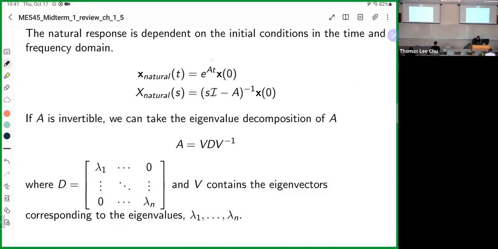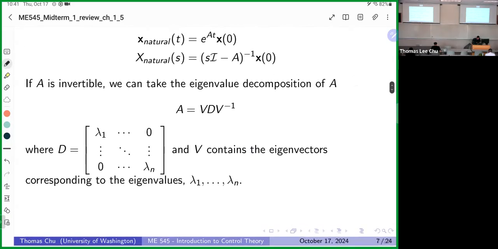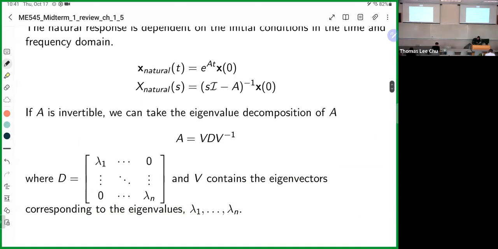The reason why we like this form is because when we do eigenvalue decomposition of A, we can rewrite e to the At as V e to the Dt V inverse.